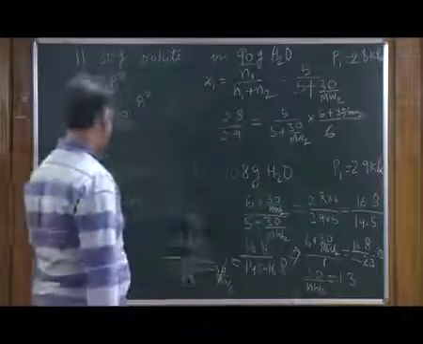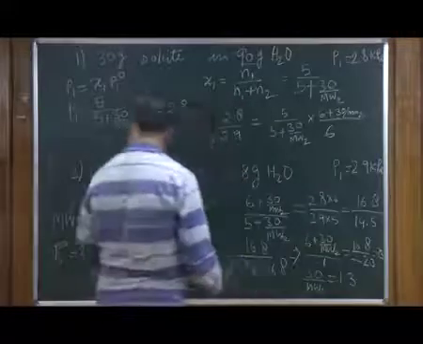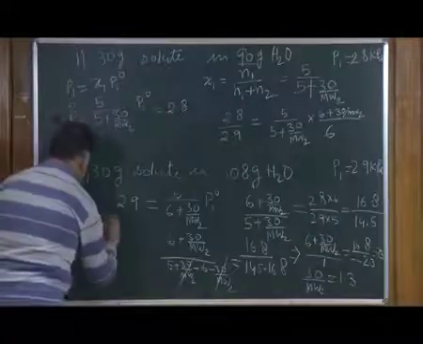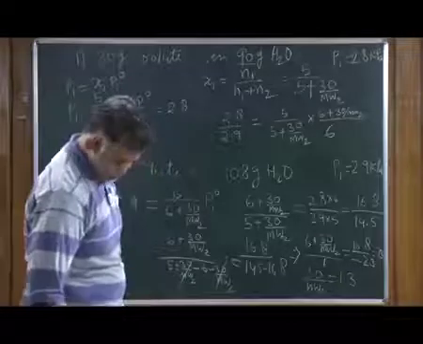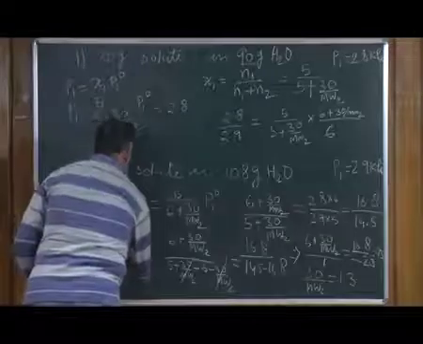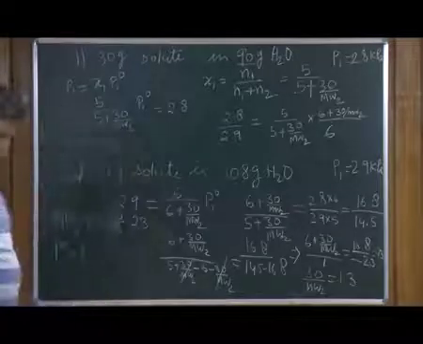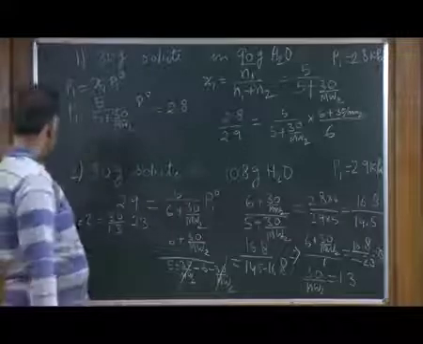So, molecular weight becomes simply 30 divided by 1.3. So, we got our answer, that is 30 divided by 1.3. So, it is approximately 23 within the rounding error.